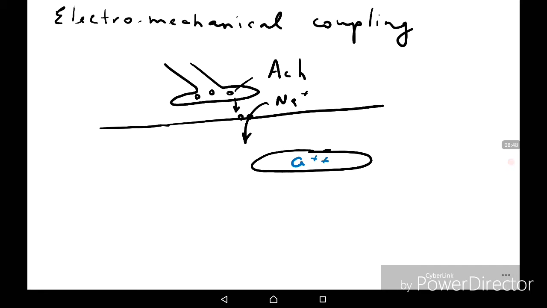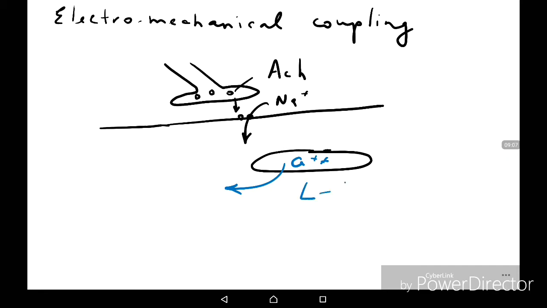So calcium is the most important player that initiates the electromechanical coupling. So calcium is released from sarcoplasmic reticulum.